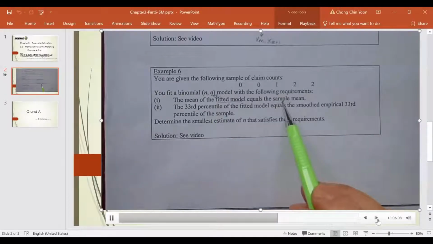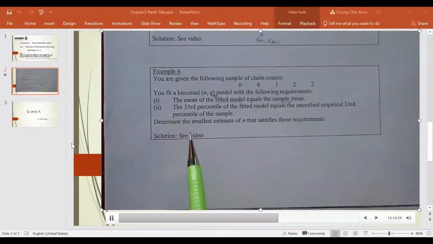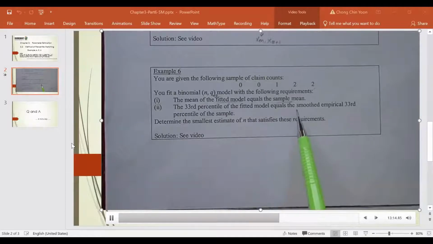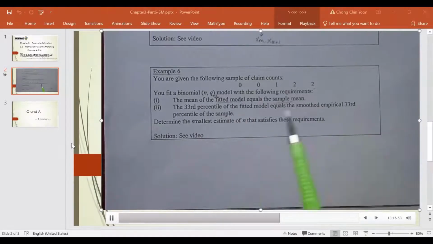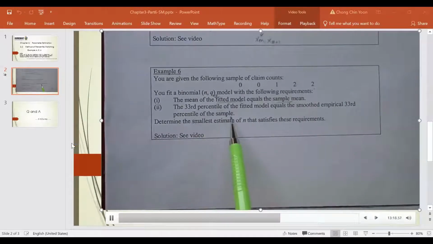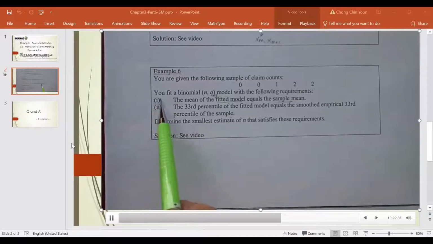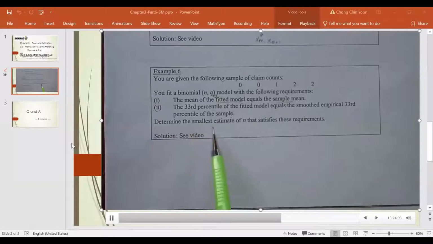The sample mean refers to the sample data. Second, the 33rd percentile of the fitted model equals the smoothed empirical 33rd percentile of the sample. With this information from 1 and 2, determine the smallest estimate of n that satisfies these requirements.